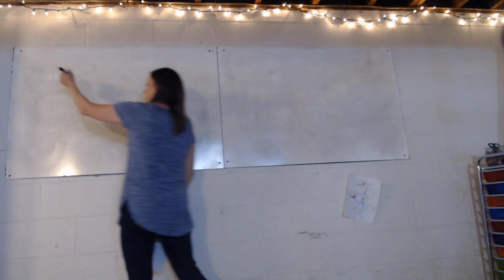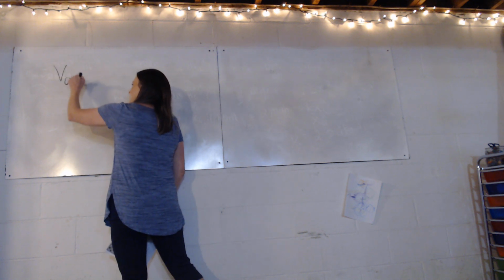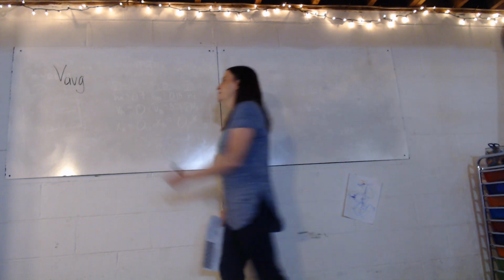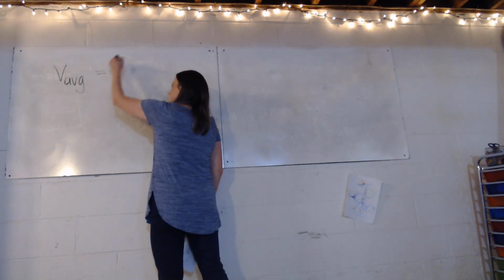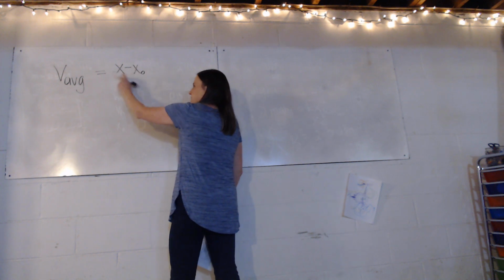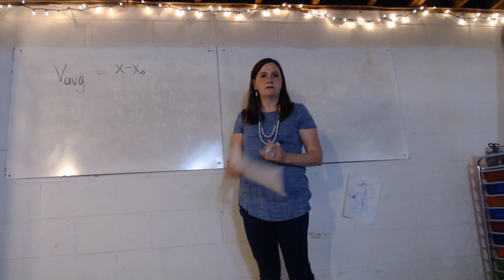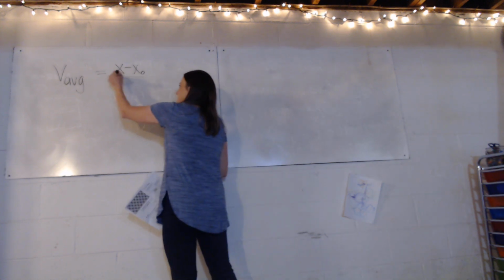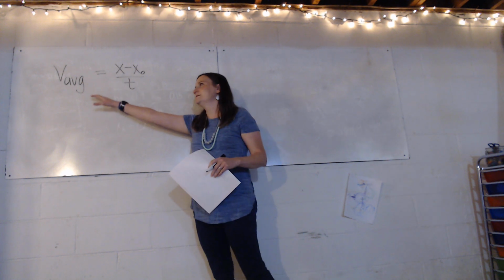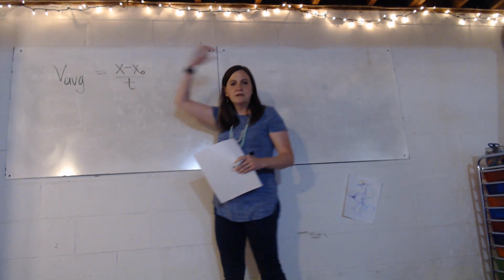So I would say, using the notation of physics, the average velocity of something is equal to its displacement. And we describe displacement in a physics course as x minus x naught. So change in position along a number line divided by time, right? This is a little bit of a more formal way. Again, for those of you who have had physics, obviously this has a vector.